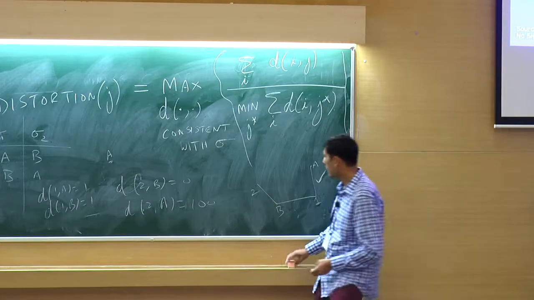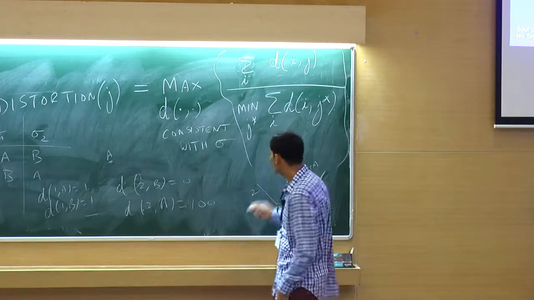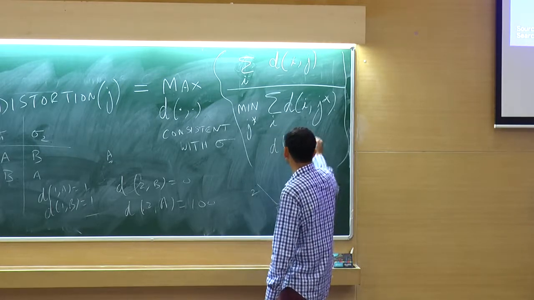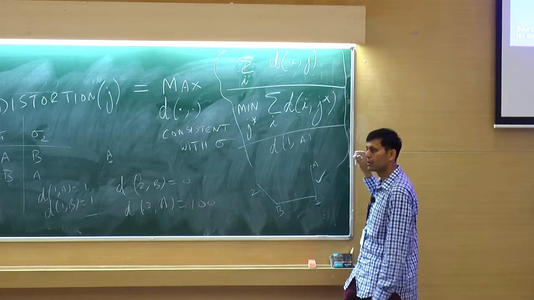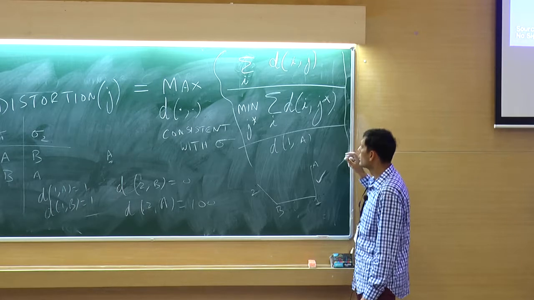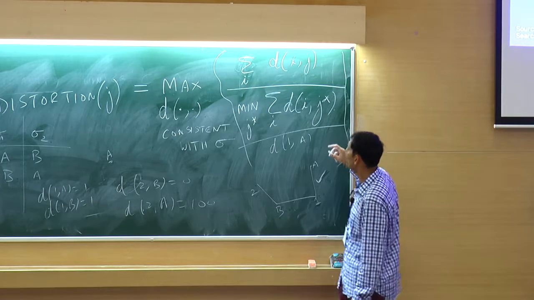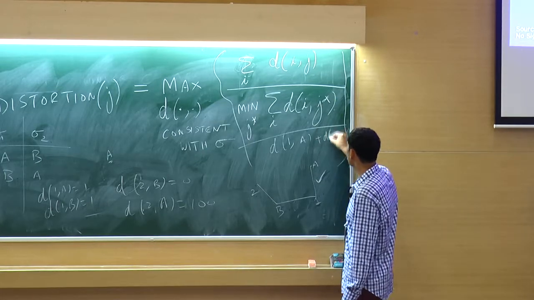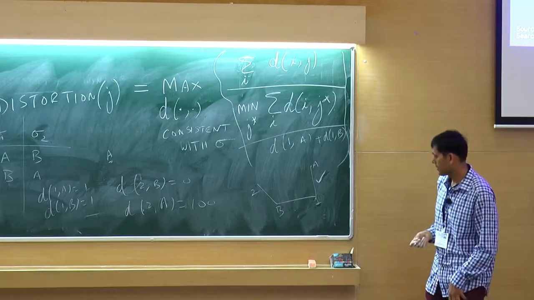Because we picked A, the distance that we ended up paying was D of 1 comma A. So the numerator can be at most D of 1 comma A plus D of 2 comma A.